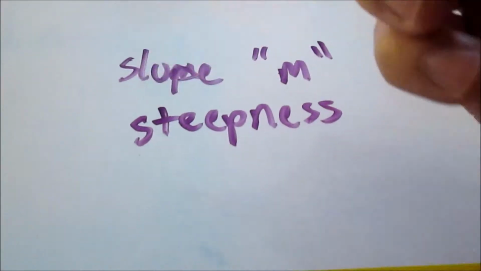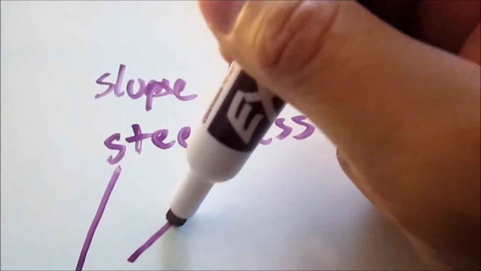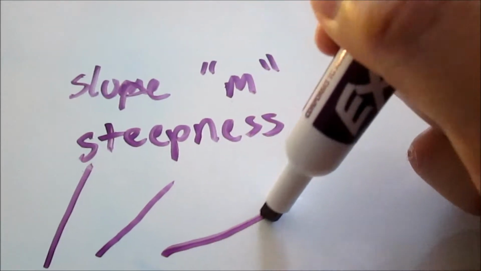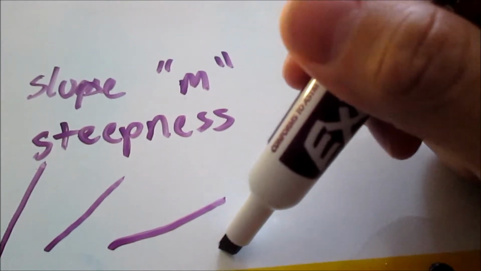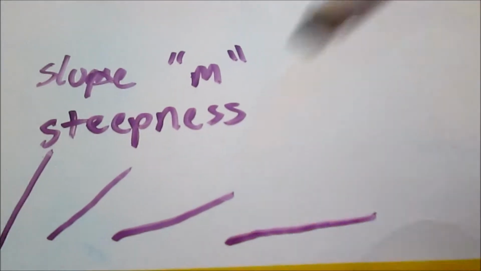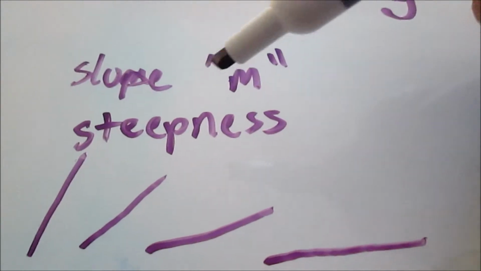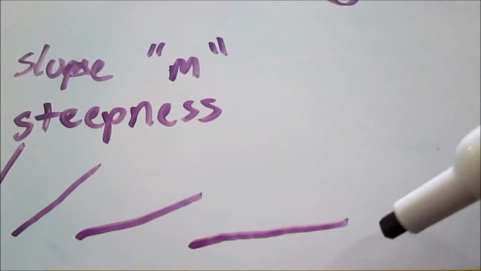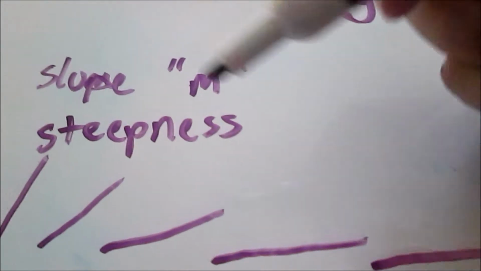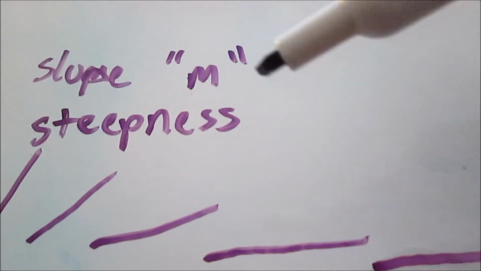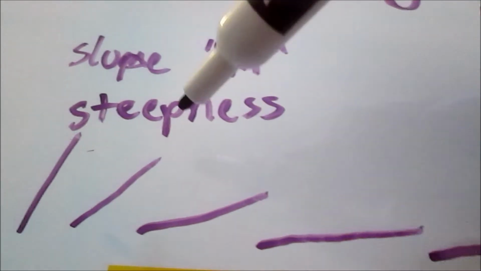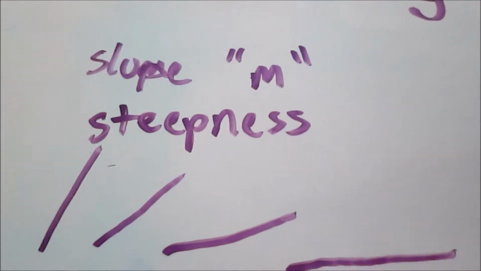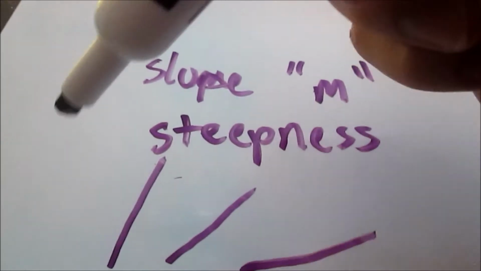Okay, all your lines can look anywhere from really steep, somewhat steep, to flatter, not really flat, but flatter, and to very close to being flat. Now it can also be an actual flat line too, if the slope is 0. Okay, these are the varying degrees of steepness based on whatever the slope is. The number will determine the steepness.